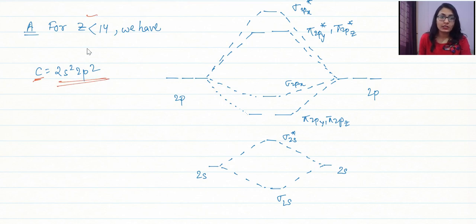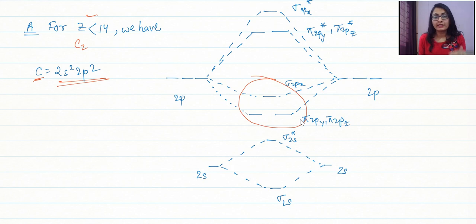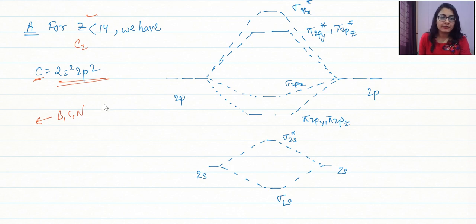Since Z is less than 14, the molecular orbitals formed by the combination of 2p orbitals are going to follow this pattern. This pattern goes for boron, carbon as well as nitrogen, starting from boron because it has a 2p orbital. And it is different for oxygen, fluorine and so on.